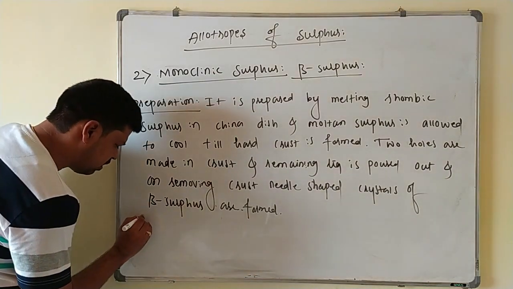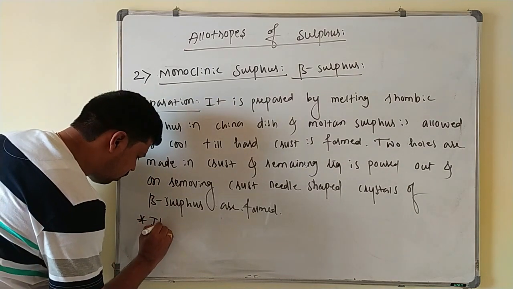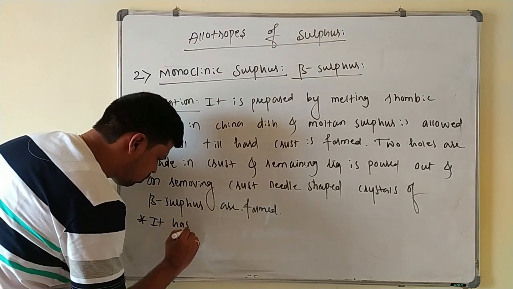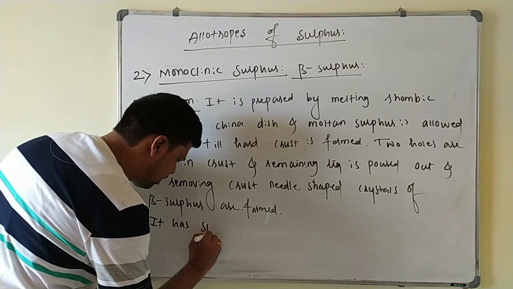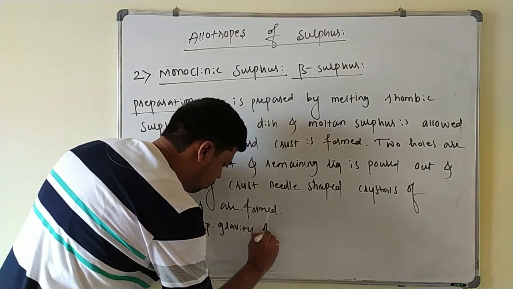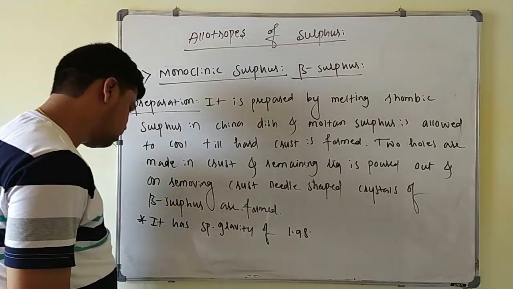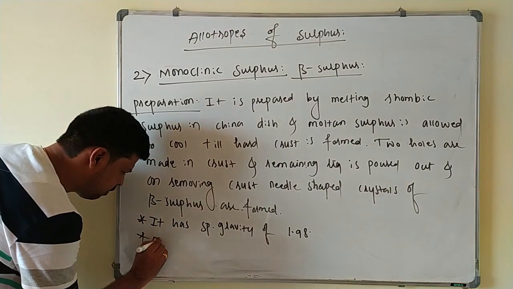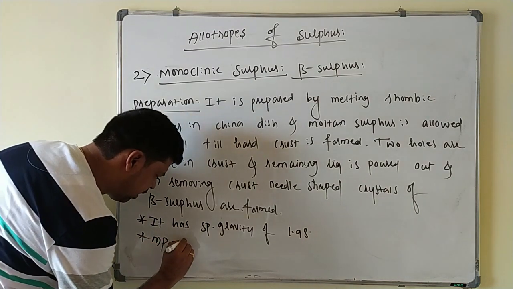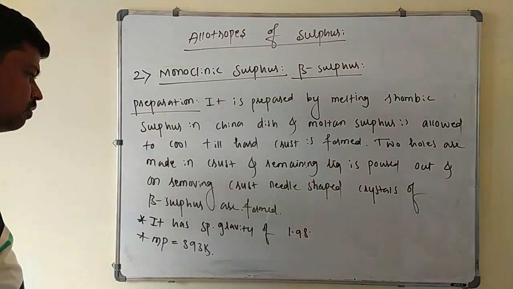Next some points about beta sulfur are: it has a specific gravity of 1.98, and its melting point is equal to 393 Kelvin.